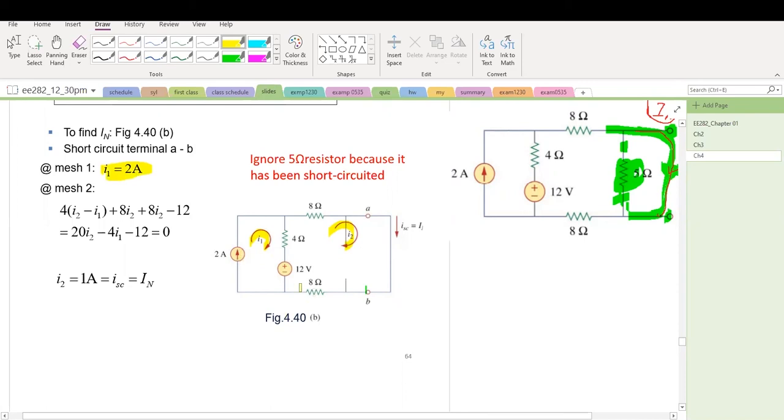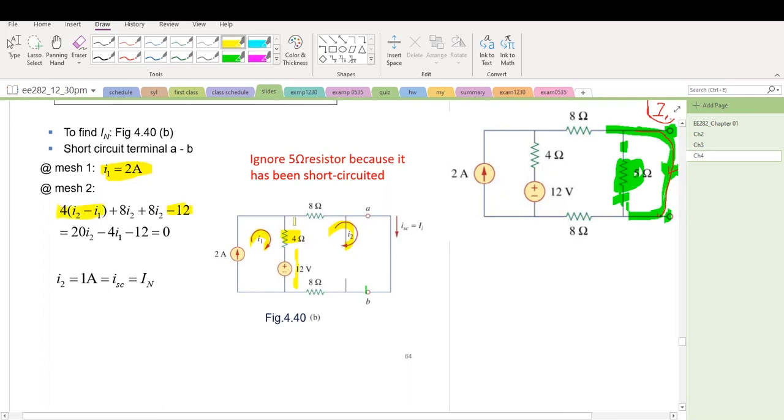For the second mesh, we apply KVL. We start walking here. The first element is negative 12, and then 4 ohm, where the current is I2 minus I1.